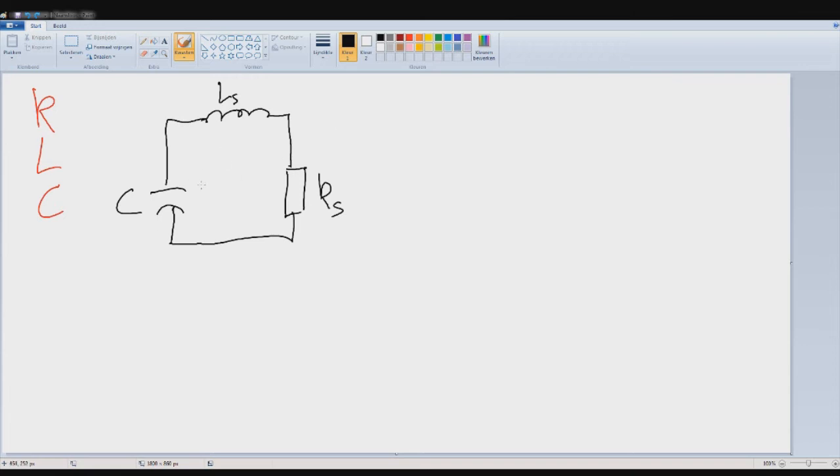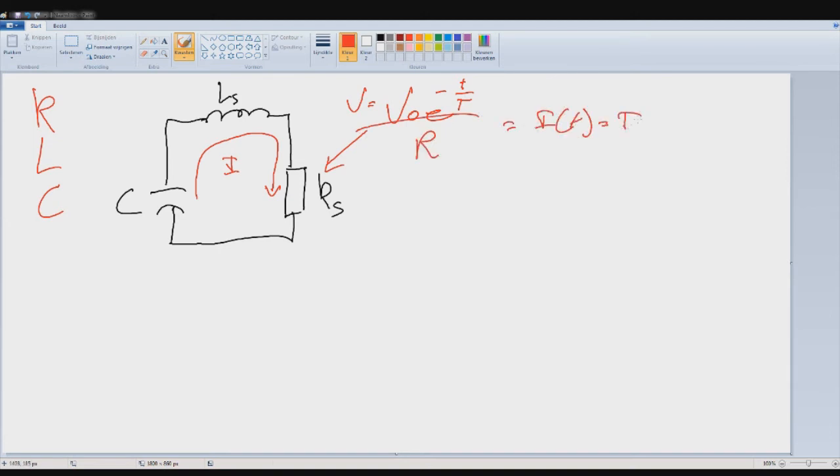Now, of course, there will be a current flow. And as I did for the RC circuit, this divided by R would give basically the current slope, or well, not the slope at all, but this slope.